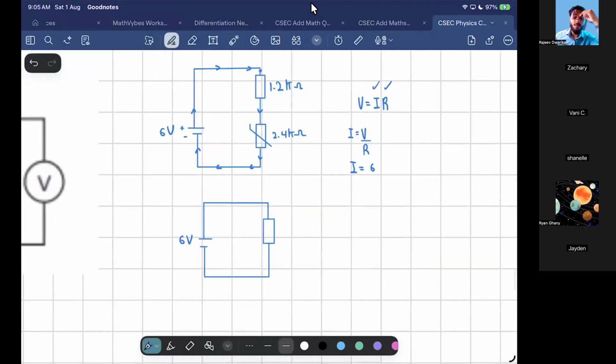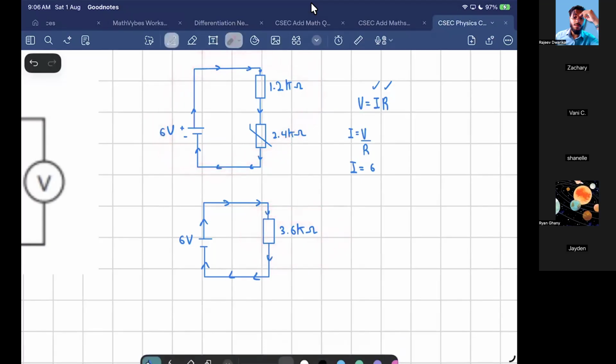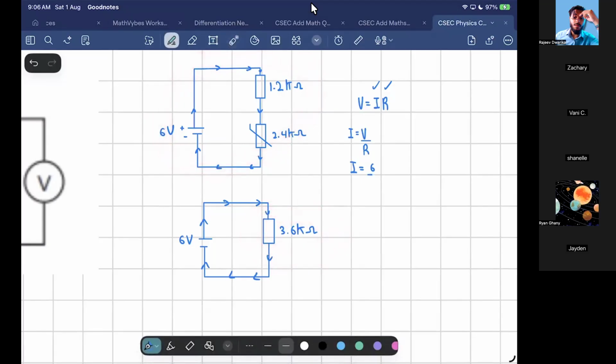So this is 6 volts over here, and this is 3.6 K. Jadon, can you see for yourself that this circuit here can be represented with one single resistor, and it's only now you can calculate the current? Yes, sir. So again, you can't do what you were telling me.